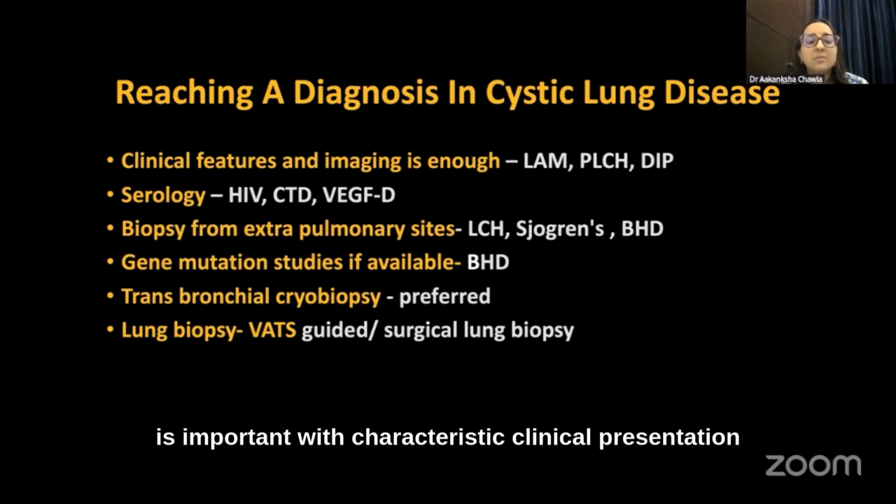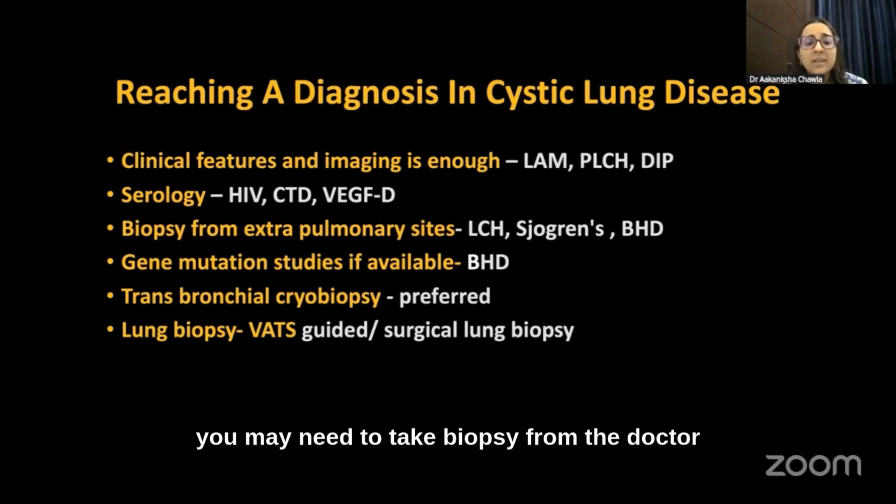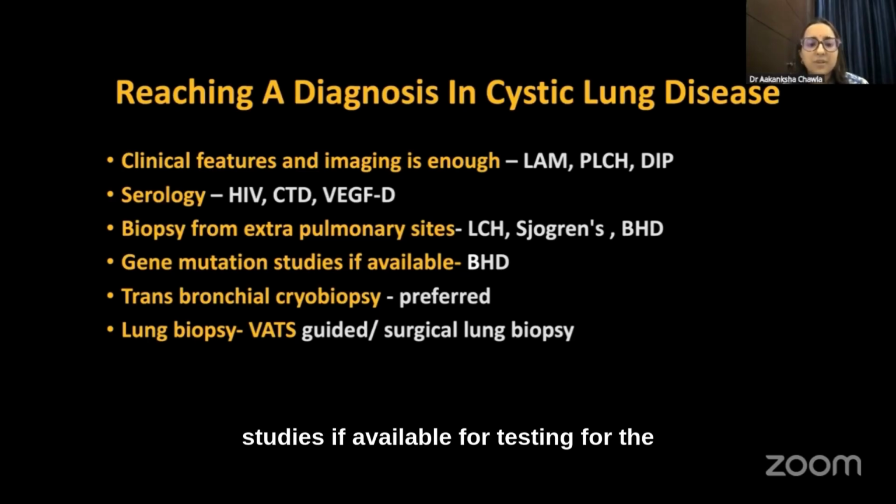Then serology is important with characteristic clinical presentation and underlying history for retroviral diseases, connective tissue diseases, vascular endothelial growth factor D in certain cases of LAM. Then you may need to take biopsy from extrapulmonary sites in cases of Sjogren's, LCH, even BHD where there are skin manifestations, and genetic gene mutation studies, if available, for testing for the FLCN gene.